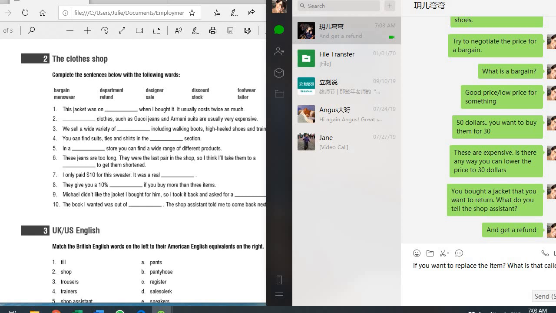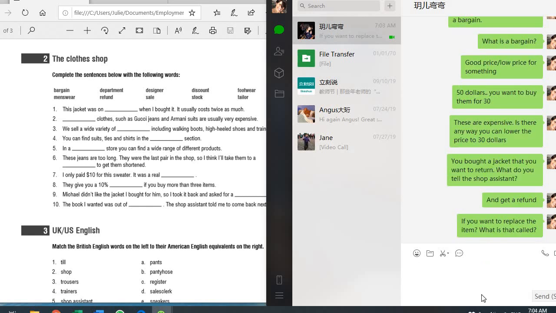You want to buy something else in the store. I want to exchange the item. I want to exchange for another one, and I hope that another one can fit me. Perfect, exactly. So you want to do an exchange. Very good, perfect. Okay, so then we'll just do a little review.